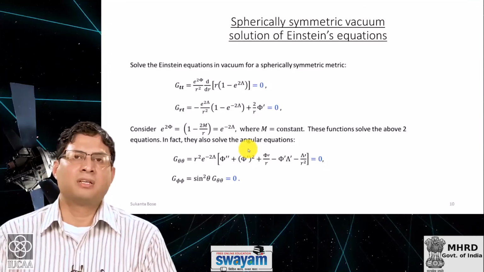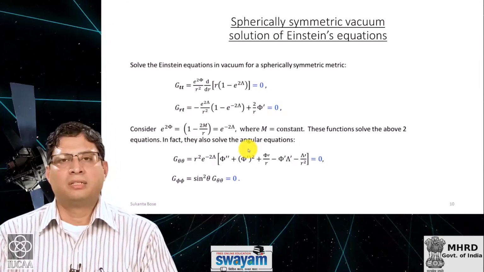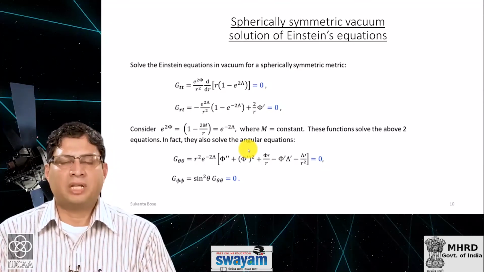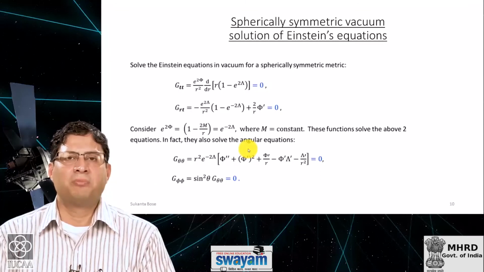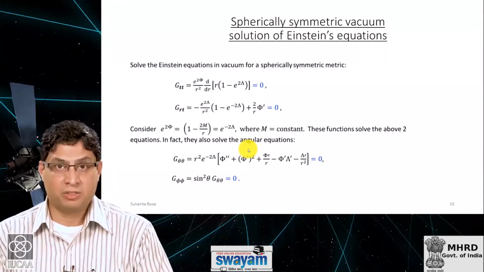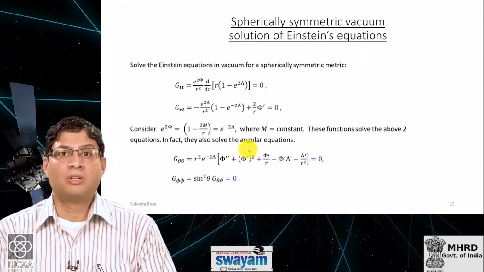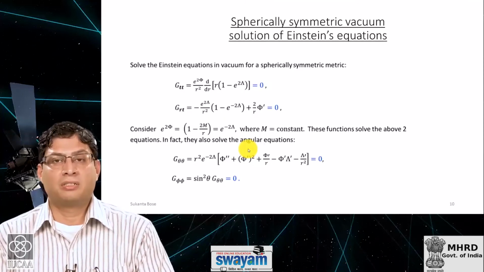So, in that sense, you can expect the motion of satellites around the sun, in this case planets are its satellites, to be determined by a geometry that we obtain by solving Einstein's equations for spherical symmetry and staticity in vacuum.